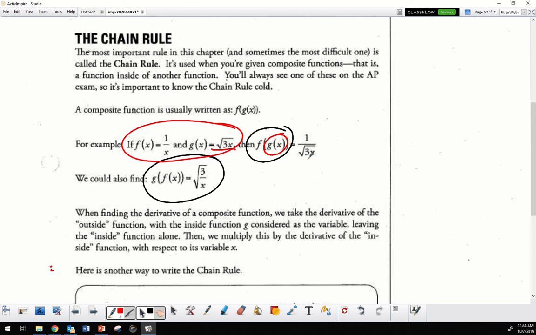Does that make sense? Another way of writing it is f of g of x, so whatever value you have for this goes inside your f. Or if we do the other way, which is g of f of x, that means the value for f of x, which is right here, 1 over x, gets plugged into the g value where you have x. Okay?